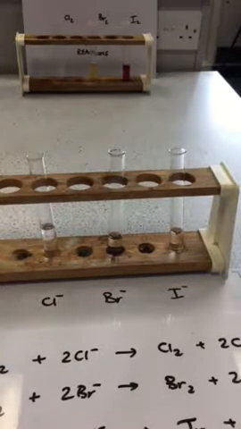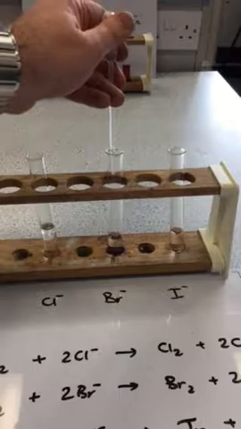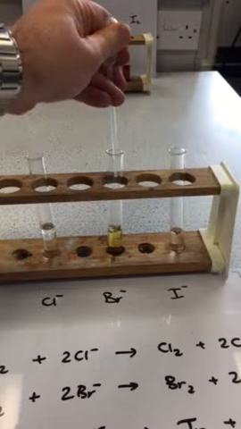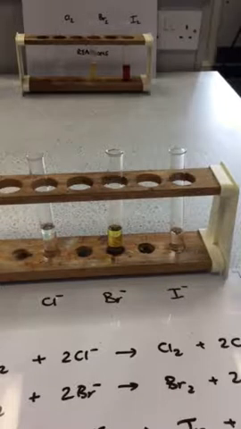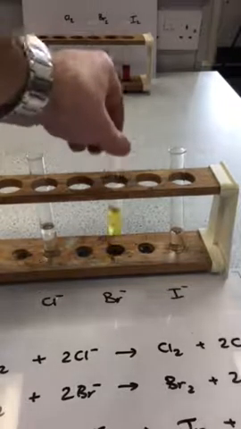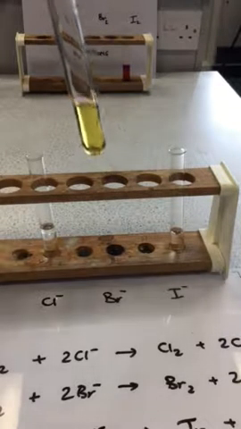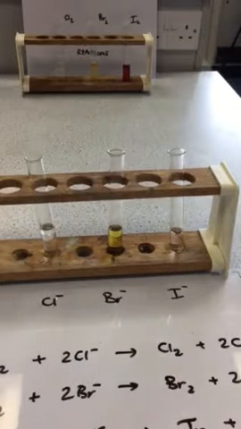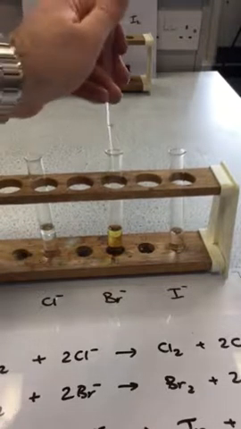Okay. The second reaction now we'll try is bromide with chlorine water. And we see instantaneously there is a colour change. Now it kind of looks orange colour. So let's check that it's actually bromine that has been made.